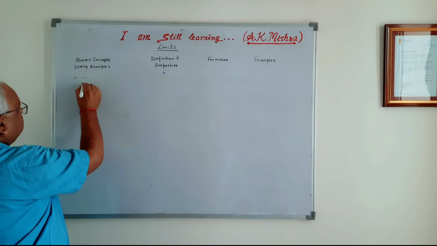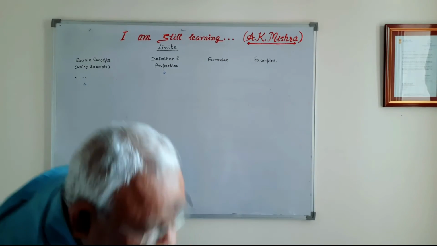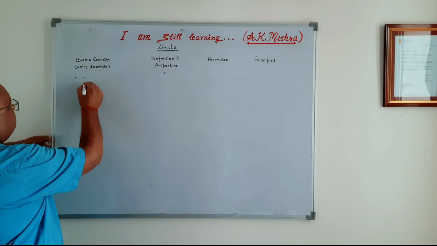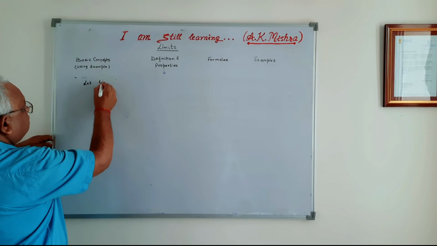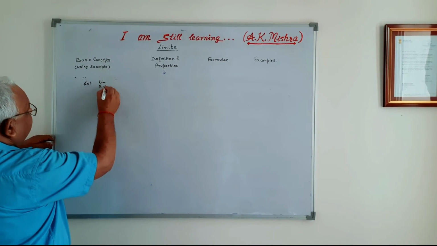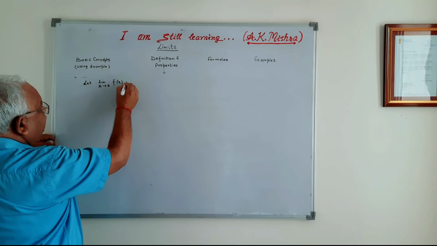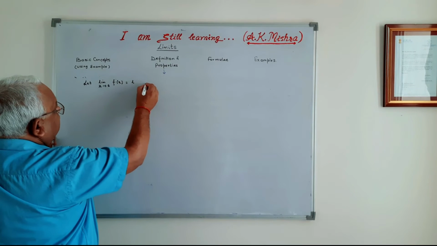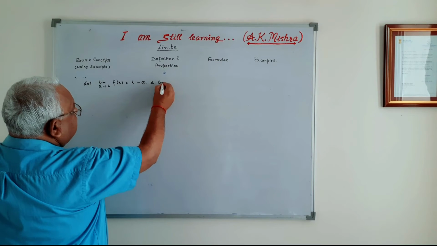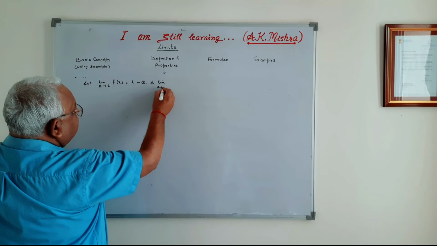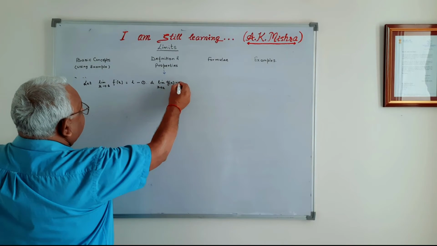Let limit x tending to a f(x) be L, this is your 1, and limit x tending to a g(x) is equal to m.